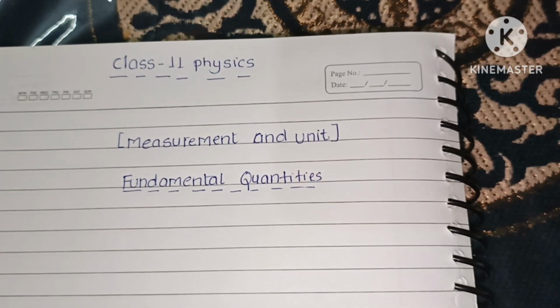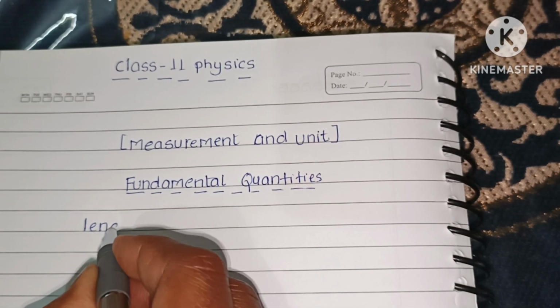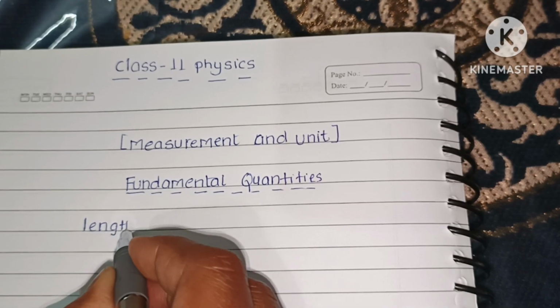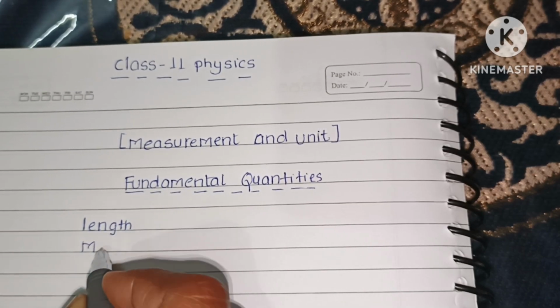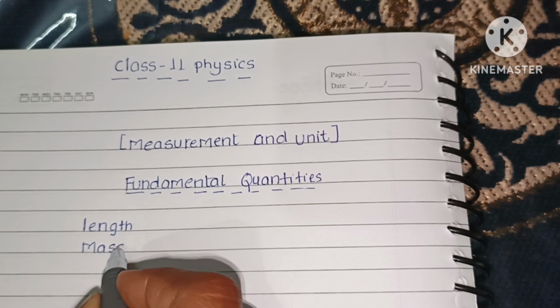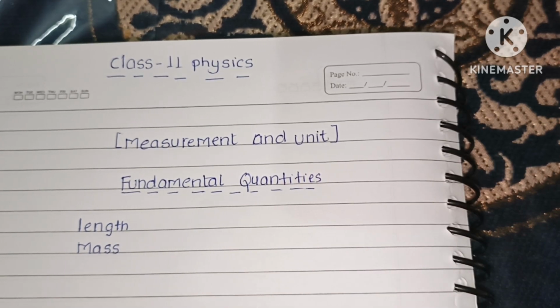for example, length, mass. Okay, these quantities are free. They don't have any kind of relation to another quantity.